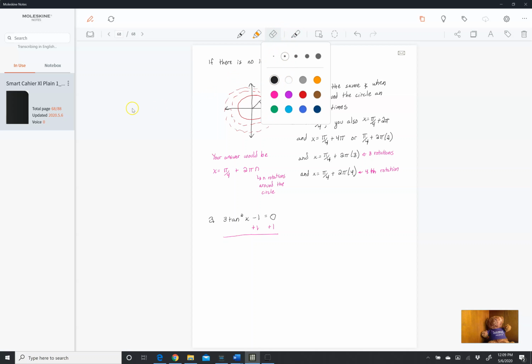So we get 3 tangent squared x is equal to 1. Now we divide both sides by 3. All of this should be familiar to you, okay? So we get tangent squared x is equal to 1/3.